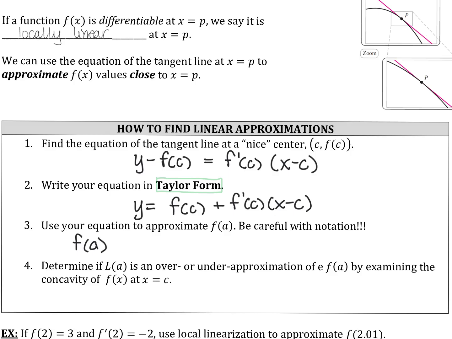So if I zoomed into this problem here, this would be like me using P as my center, my nice point, like my C, and then me trying to approximate some point that is just outside. So the linear approximation is very close to the actual curve value. It's just not quite there.